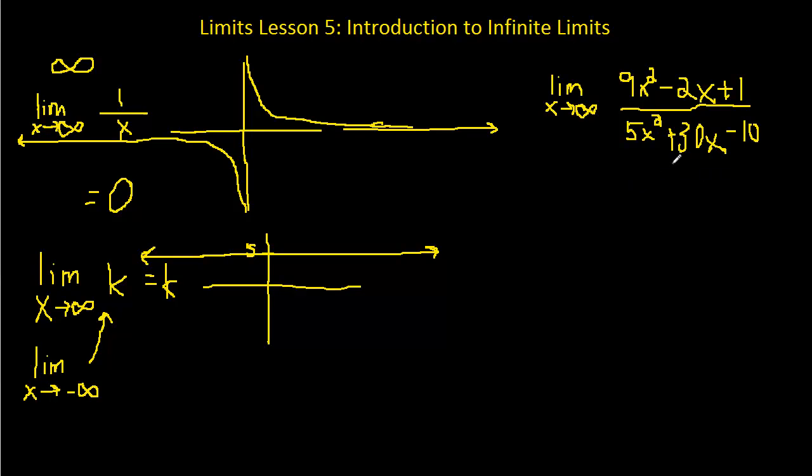At the same time, the negative 2x and the plus 30x are only increasing by x each time, whereas this is increasing by x squared. So as we go to infinity, we can essentially say that we only have to look at these.